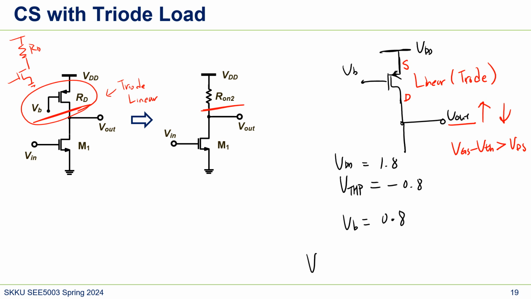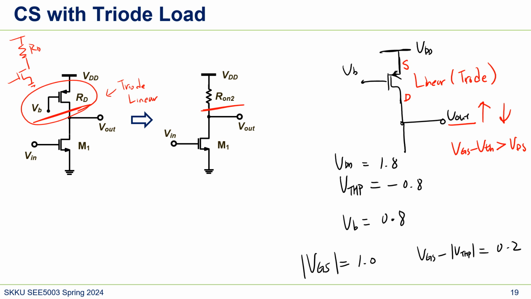So what's the VGS now for PMOS? I'm just going to use an absolute value. So this would be 1 volt. And then our VGS minus VTH, also an absolute value, will be 0.2, right?